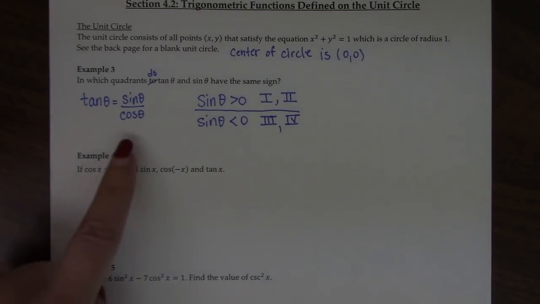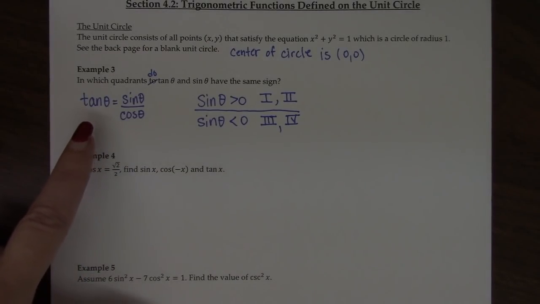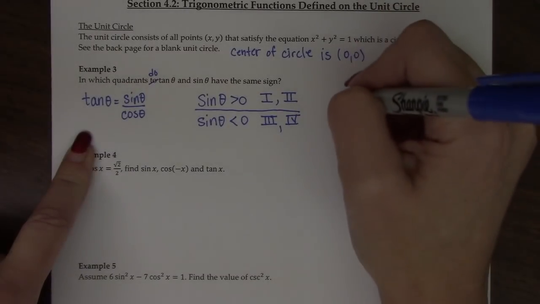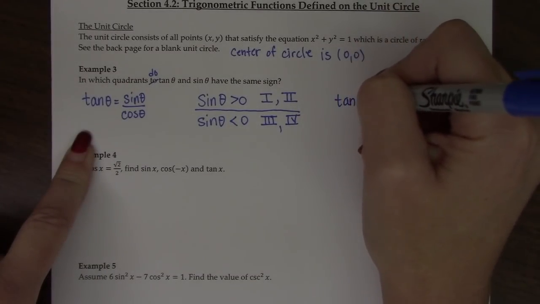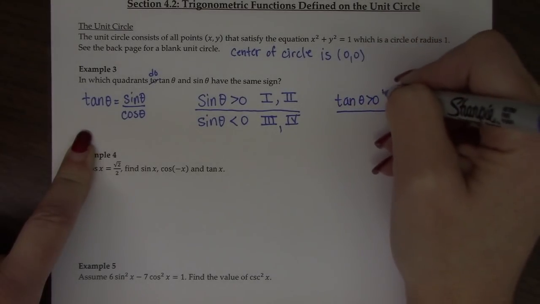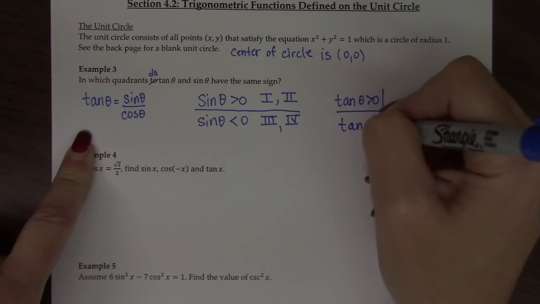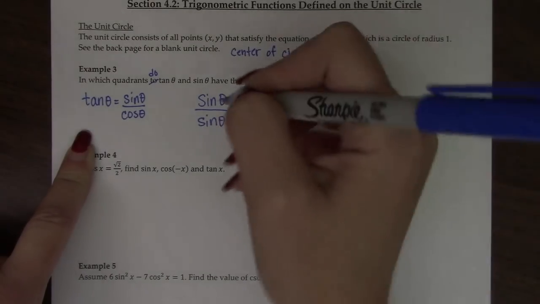So now we need to see what's happening with tangent. So tangent theta is positive, and tangent theta is negative.